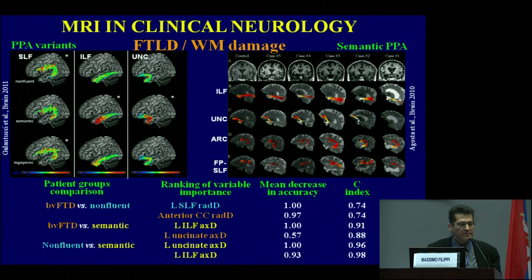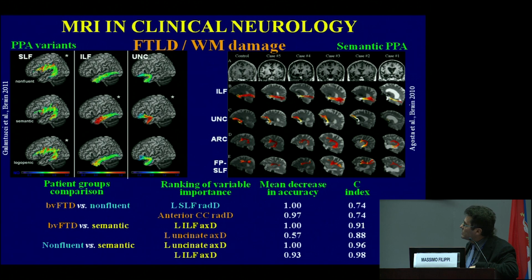But the most important part is that you can also get information at an individual patient level to make a diagnosis. For instance, patients with semantic dementia do have a typical involvement of the left inferior longitudinal fasciculus, which allows, for instance, to distinguish them in 98% of the cases from non-fluent conditions.